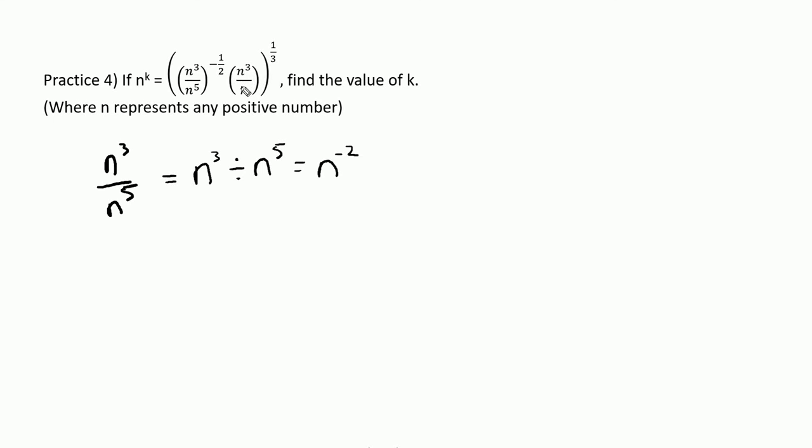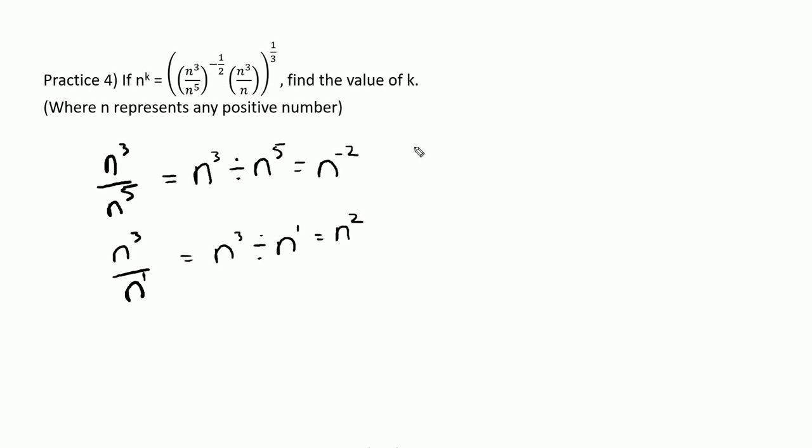Now, if we look at this second smaller bracket, where we have n to the 3 divided by n, remember anything sitting on its own like this is effectively just n to the power of 1. It's just we very rarely bother writing the power 1 because it's implied. So this is n to the 3 divided by n to the 1, which is 3 minus 1, which is n squared.